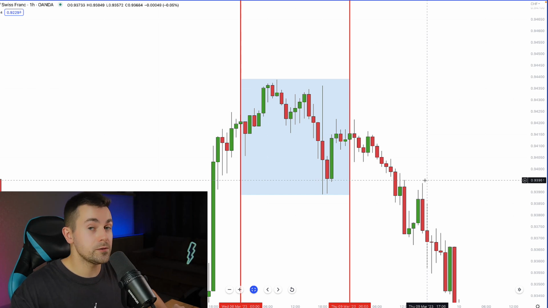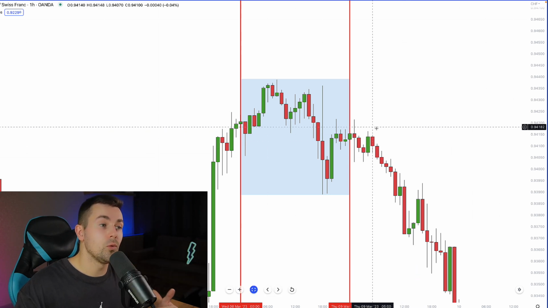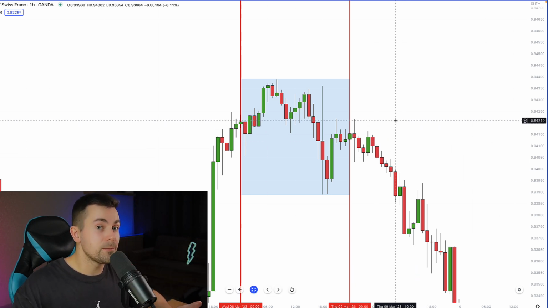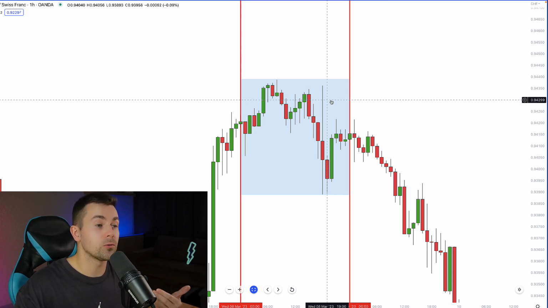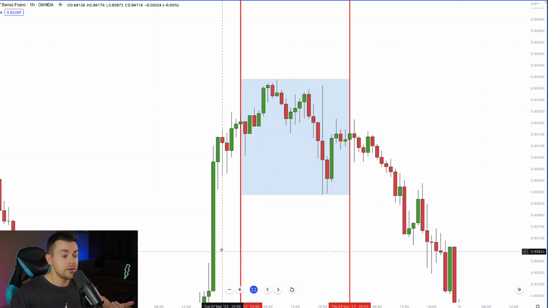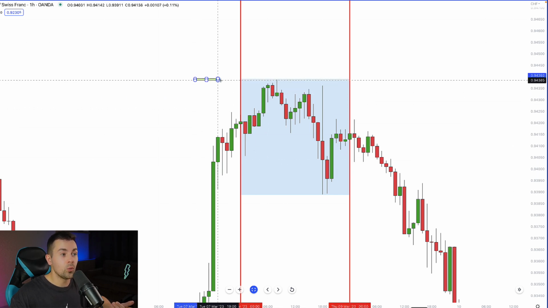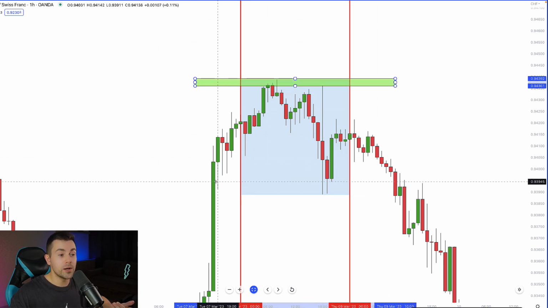As we already discussed, a doji candle signifies the equilibrium. It signifies that the market participants found the price that is fair, and bulls and bears agree about the current price, so that the market starts consolidating. And here what we can spot is that within that day we formed a range, right?